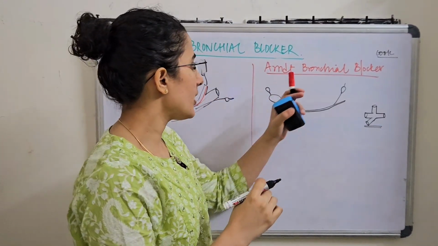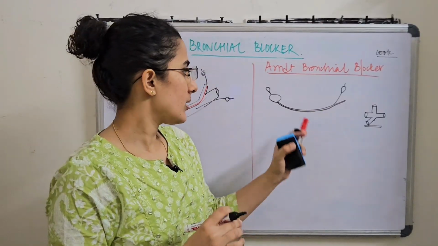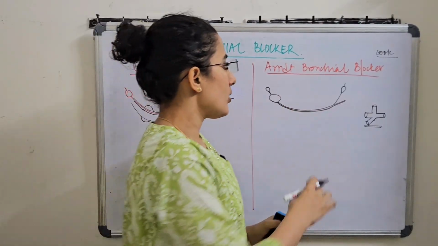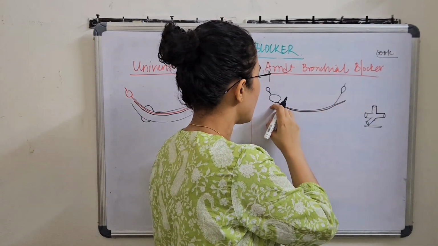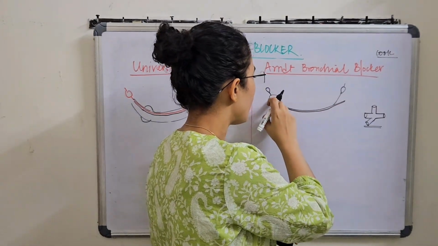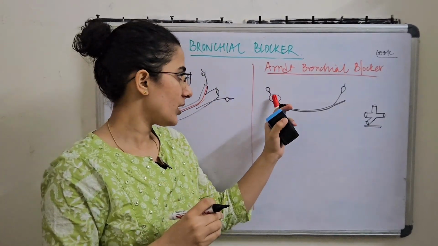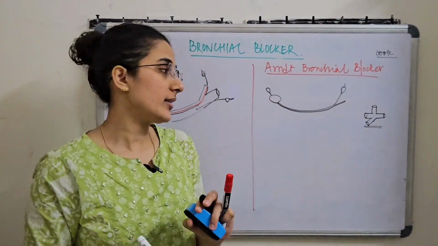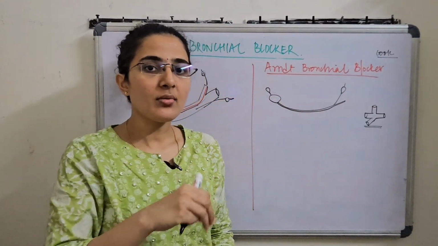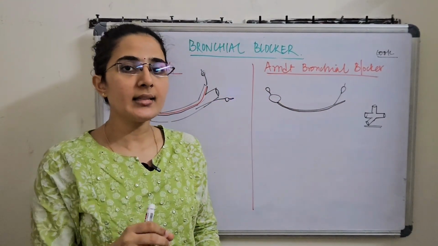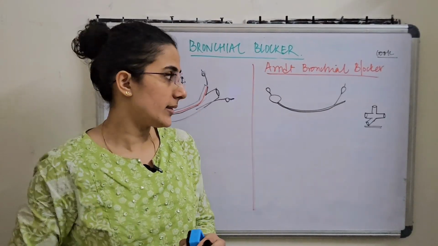So in the case of an Arndt bronchial blocker, how do we use it? As I said, it has a cuff which is low volume and comparatively low pressure. The nylon wire will help in guiding it with fiber optic bronchoscope guidance.